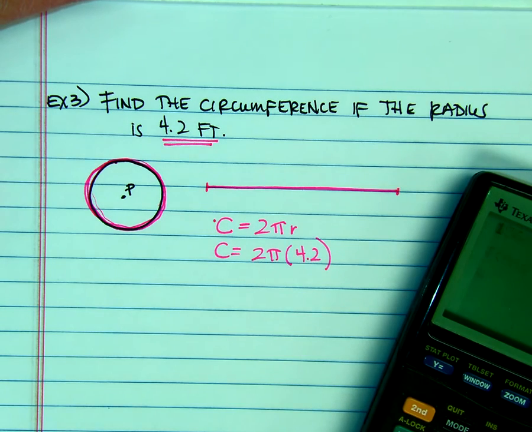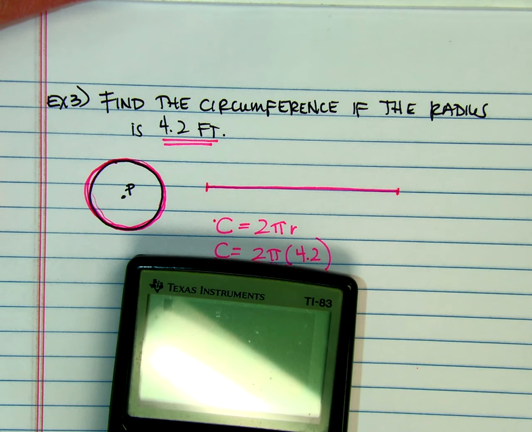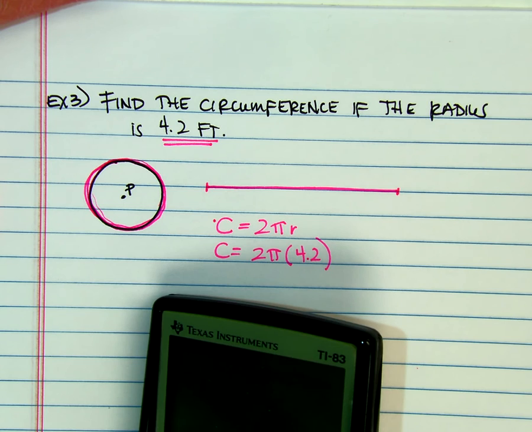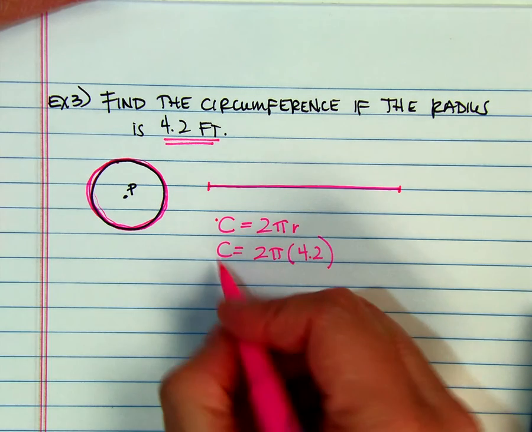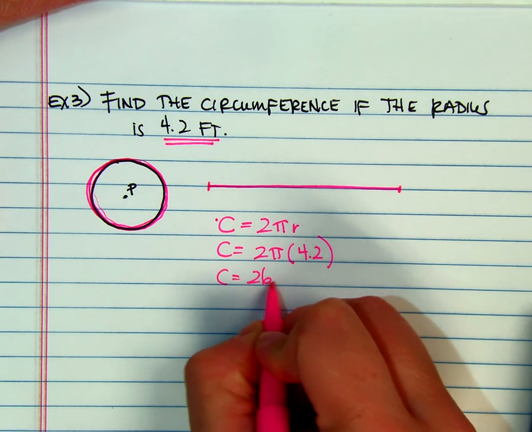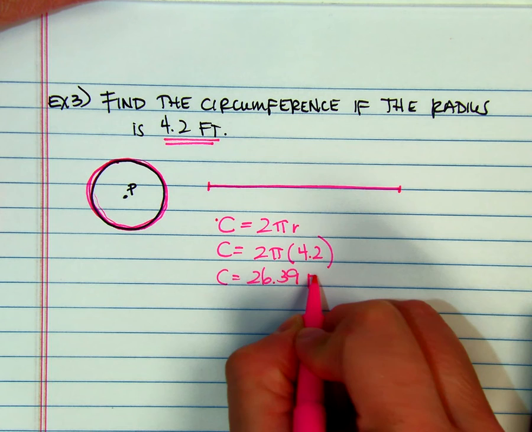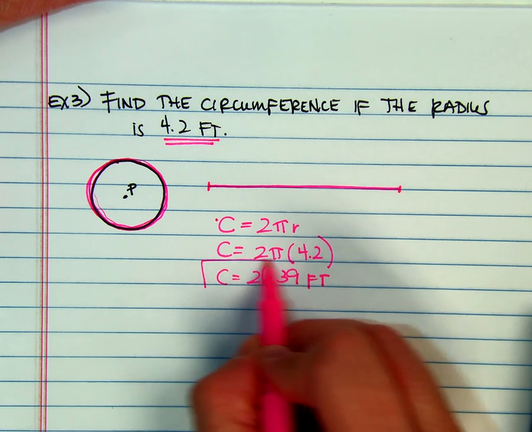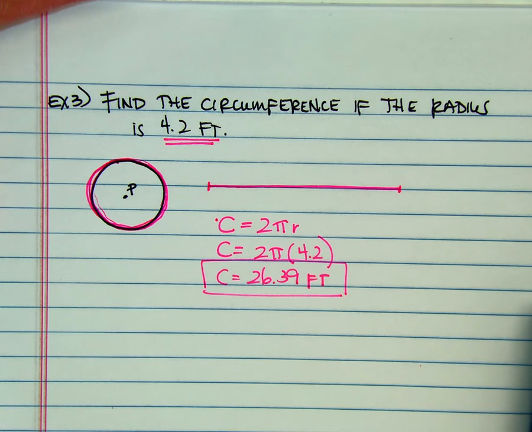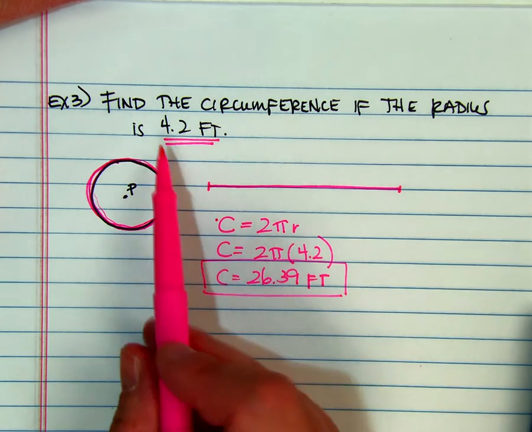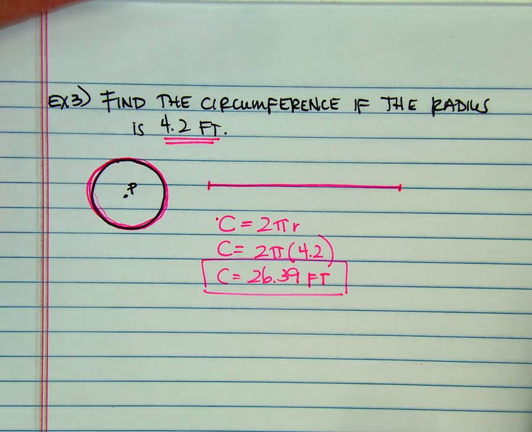So in my calculator, I am going to type in 2 pi times 4.2, and I get 26.39. And because it is a linear measurement, it is not a squared unit. And we did answer the question. Circumference, yes, did answer the question.